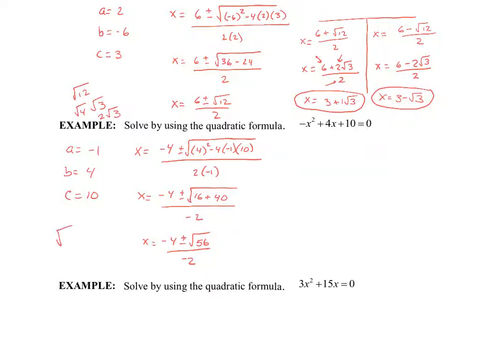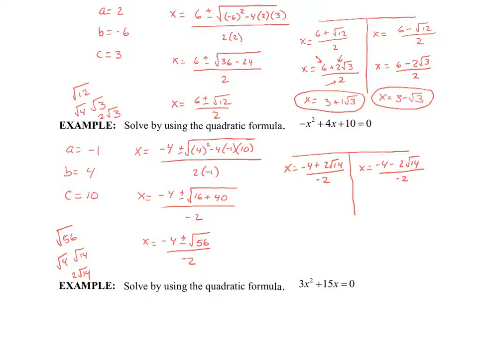Now, square root of 56 is the square root of 4 and the square root of 14, or 2 rad 14. So when I tee that off, okay, I can go ahead and say x equals negative 4 plus 2 rad 14 over negative 2, and x equals negative 4 minus 2 rad 14 over negative 2.